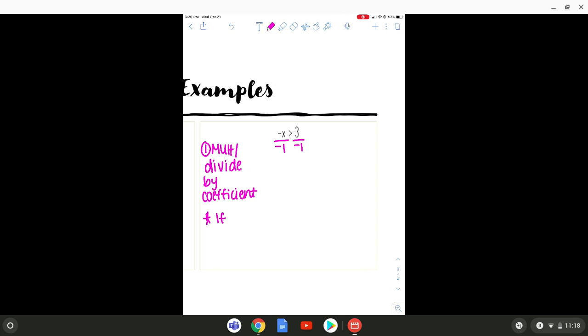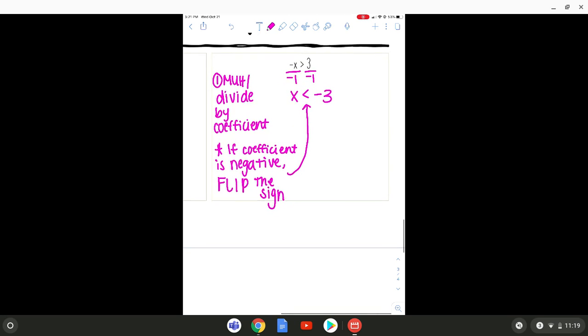And remember, if your coefficient is negative, your sign will flip. Okay, so I'm going to get x. And remember, I flip my sign because my coefficient's negative to get x is less than -3.